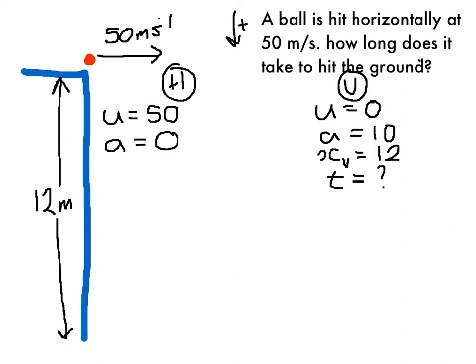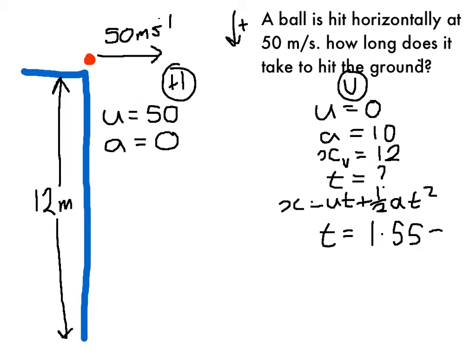So by using our same equation, x equals ut plus 1/2 at squared, you'll see that all of these quantities are exactly the same as what we used before, and so we will get exactly the same answer, that t equals 1.55 seconds.